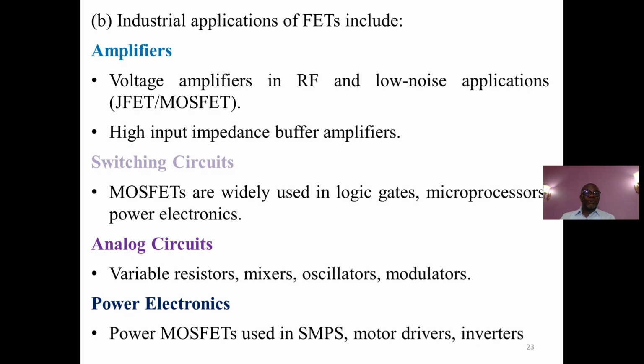Also, one of the industrial applications is in switching circuits, so they are widely used in logic gates, microprocessors, and power electronics. Of course, in analog circuits, they are used as variable resistors, mixers in your radio circuits, oscillators, and modulators in your transmitters.